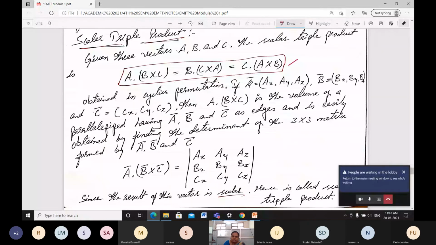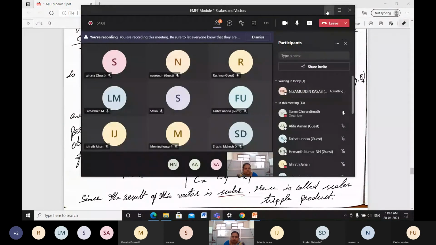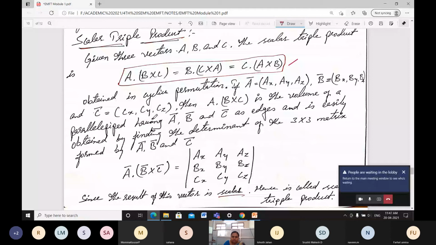If vector A has components ax, ay and az, B has bx, by and bz, and C has cx, cy and cz, then A dot B cross C is the volume of the parallelepiped having A, B and C at the edges.